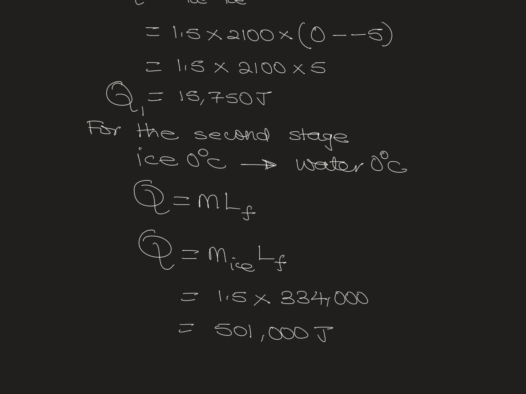So since that is the energy required in the second stage, we can specifically call it Q2. So that is the energy that is required to convert ice at 0 degrees Celsius to water at 0 degrees Celsius.